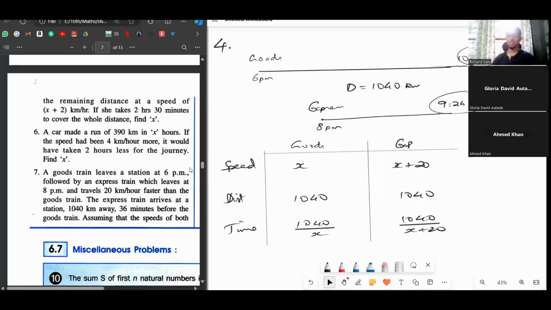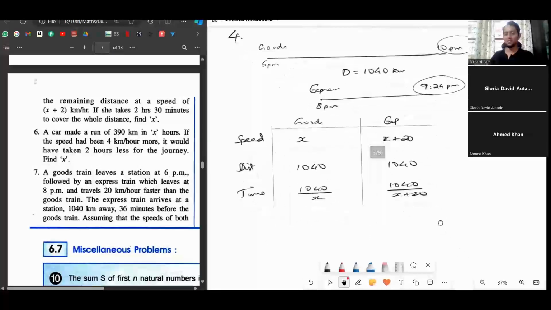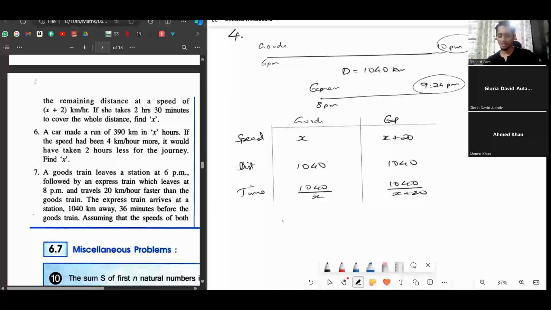But how do we make our equation now? Normally our equation is made based on the difference in time taken by both. So which is the fast, which is the slow, or which one takes more time? You should ask yourself, which one takes more time? Now goods takes more time, right?